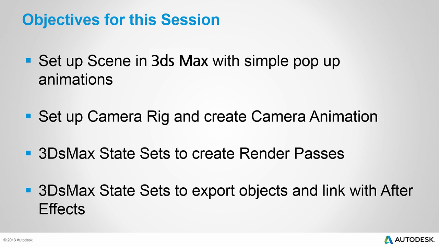We'll also go over a basic setup of a camera rig and also how to animate those cameras efficiently. And then we'll move on to state sets, and not only how to create render passes, but also how to set up state sets in order to export objects and also link them to After Effects, so things similar to cameras and polygons.